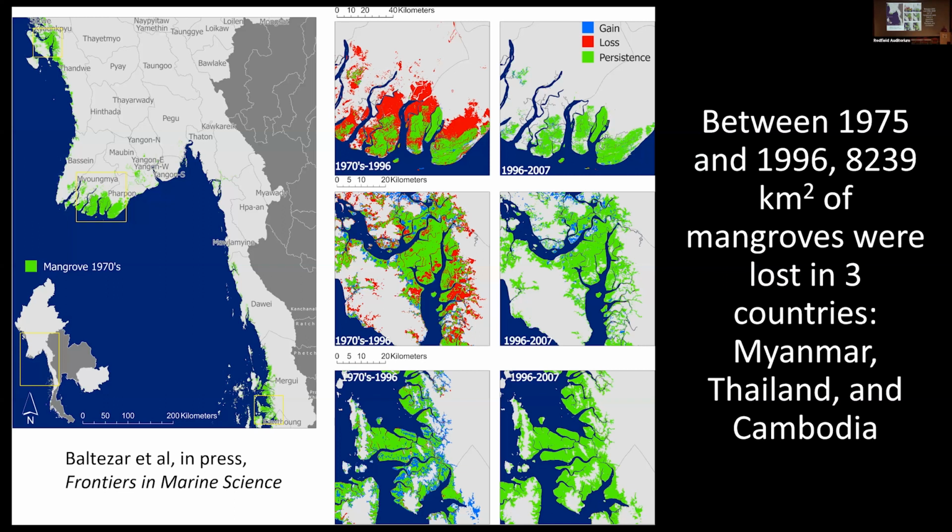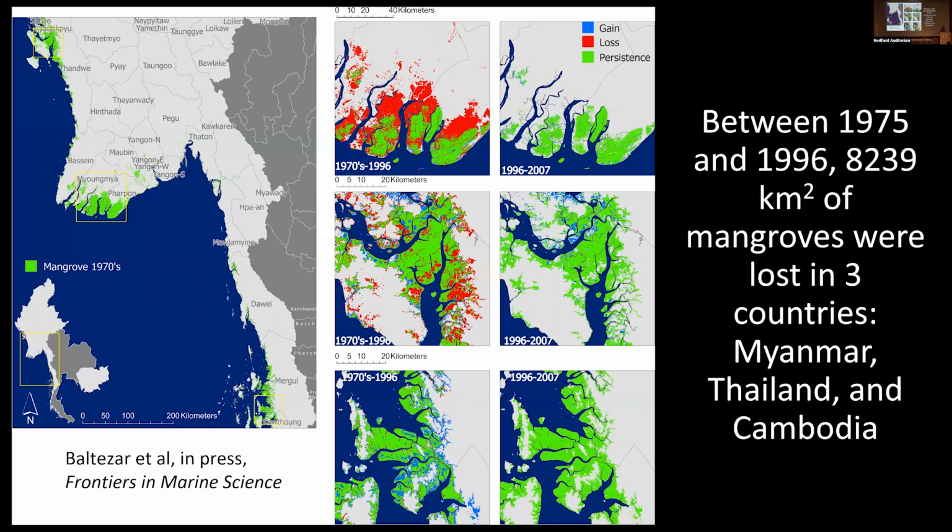So this is in press right now, and we've actually taken this back even further. So we're looking at the last 50 years of change, particularly in three Southeast Asian countries, so Myanmar, Thailand, and Cambodia. And what we see, in the case from 1975 to 1996, is a little more than 8,000 square kilometers of mangroves were lost in just these three countries.